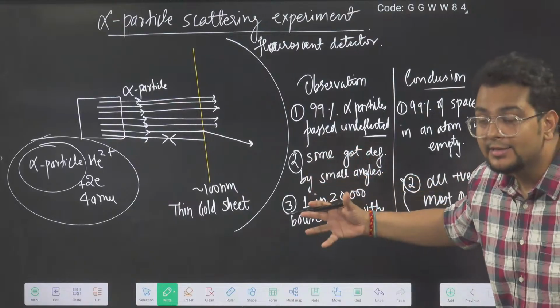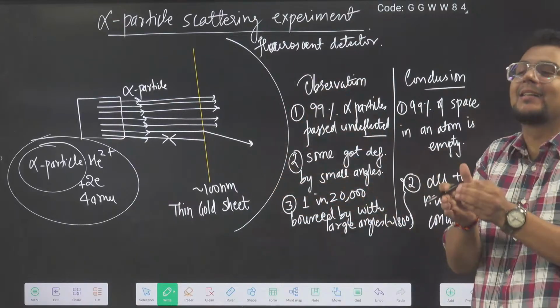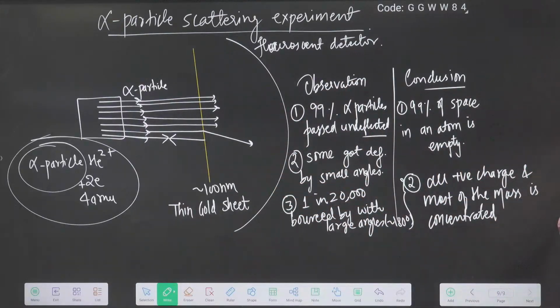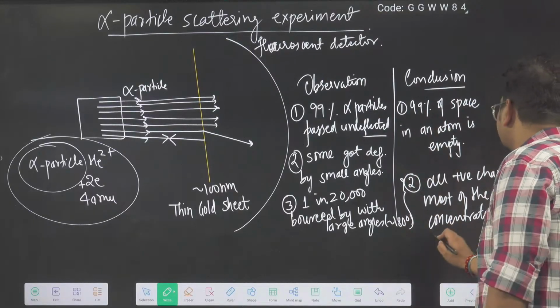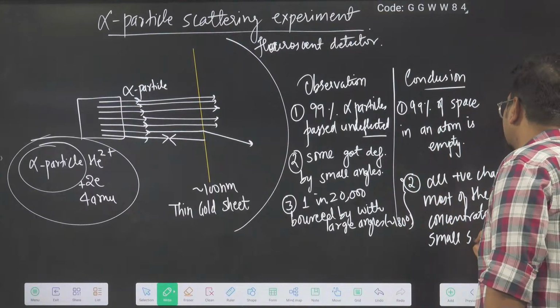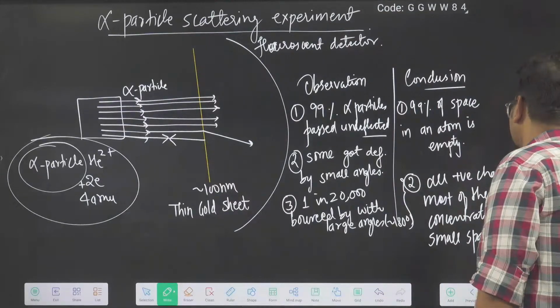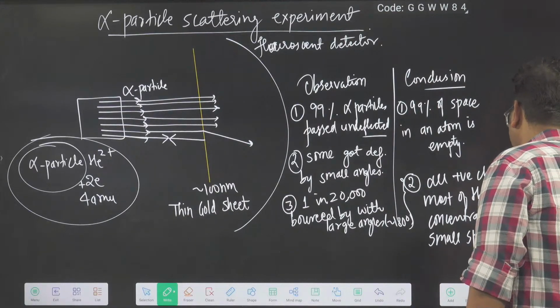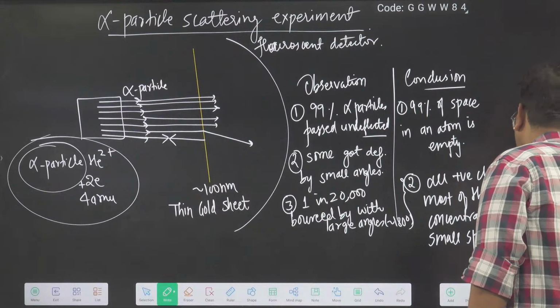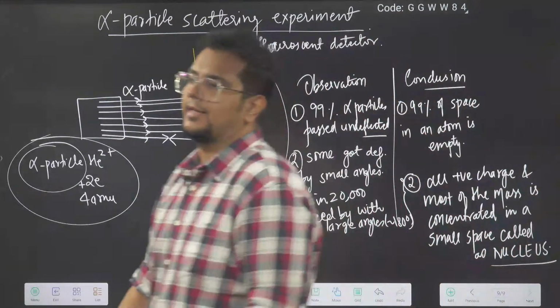Opposite of scattered is concentrated. All the positive charge and most of the mass is concentrated in a small space called the nucleus. So which scientist was the first to give the idea about the existence of a nucleus in the atom?